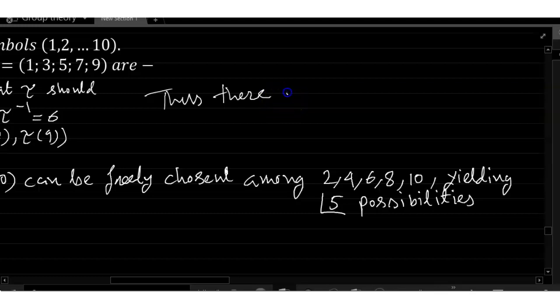Thus, there are 5 into 5 factorial, 600 possible permutations.